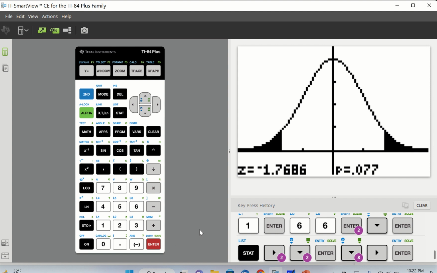And there's a nice graph. Here's the p-value in both the tails combined, which is 0.077. That means half of it is here, and half of it is on the left. Okay, so that's how you conduct a test for two independent population means with population standard deviations given on the TI-84.